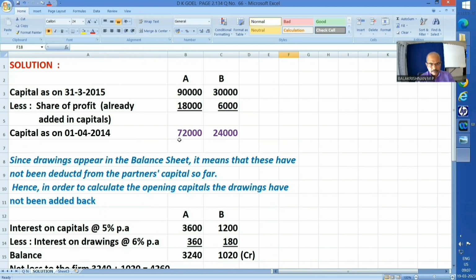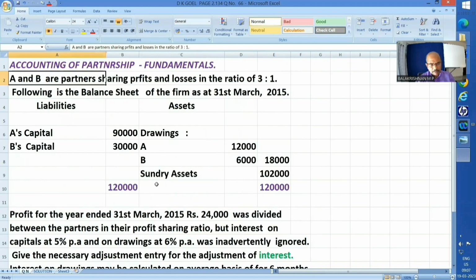Now 72,000 and 24,000. You may ask me, normally the drawings also we adjust. Yes, normally, but here it cannot be, because it is not adjusted to the capital. The given closing capital has not come to the picture after adjusting drawings, because drawing is yet to be adjusted. That's why it is in the balance sheet.